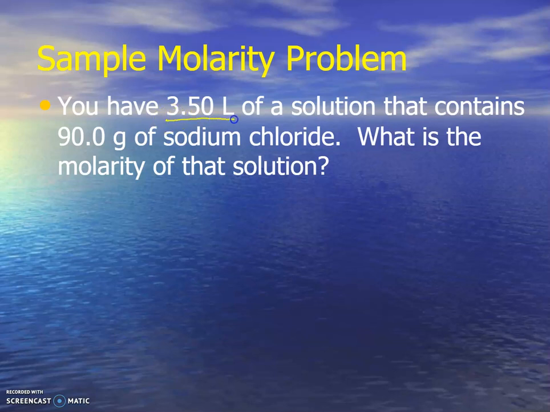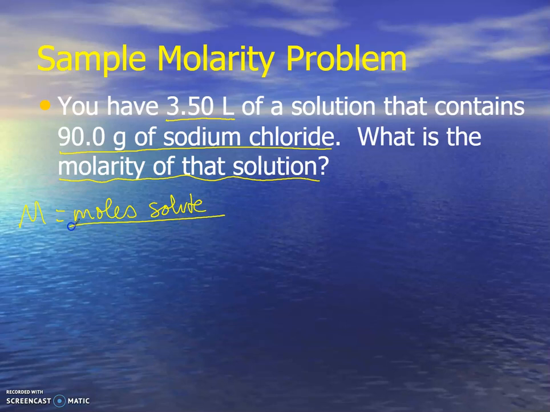If you have 3.5 liters of a solution that contains 90.0 grams of sodium chloride, what is the molarity of that solution? Okay, so again, molarity is moles of solute per liters of solution. So we have 3.5 liters of the solution, so that goes in my denominator, and it contains 90 grams of sodium chloride.